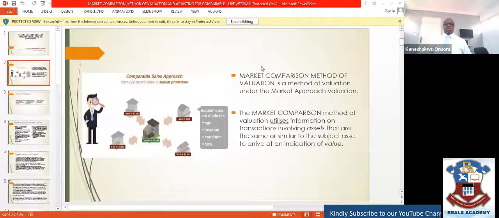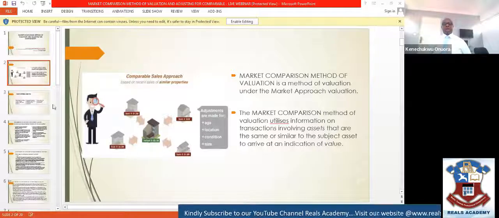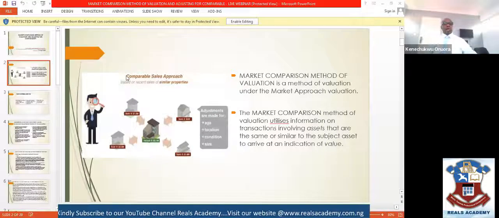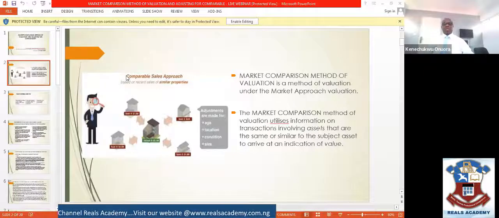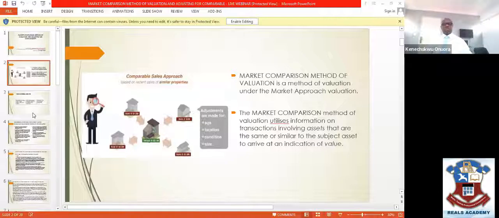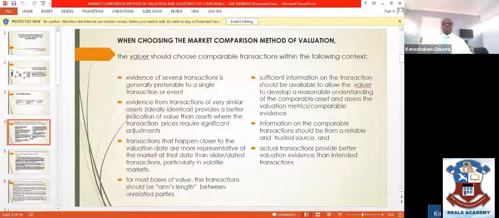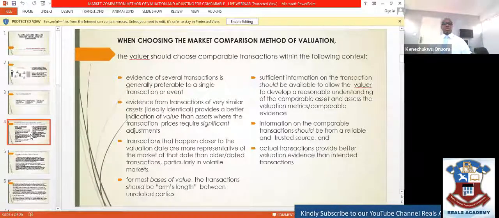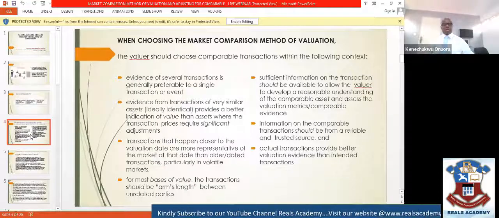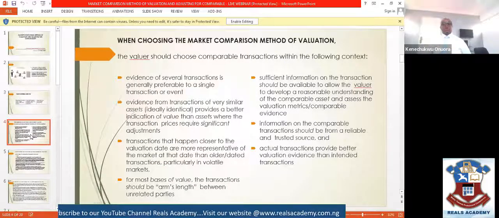Of course, you won't be working with a comparable where a mother is selling property to the daughter, or where a very close friend is selling property to his friend, or in a situation where you have a special purchaser. So these are things for you to look at when you're picking your comparable properties.